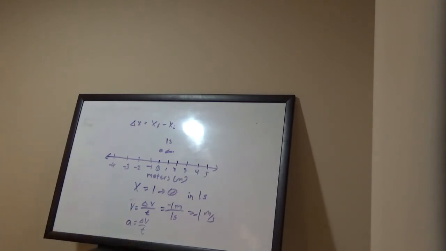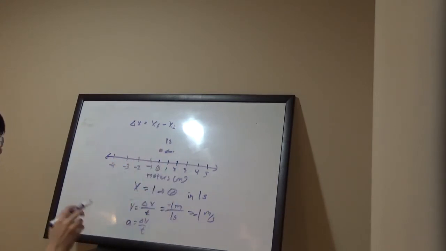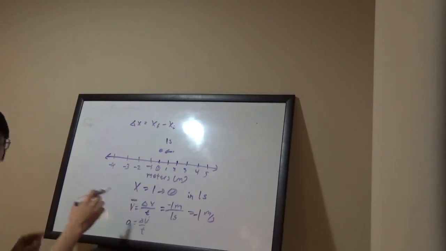Acceleration is defined as the change of velocity over time, and this acceleration can also be negative. One thing to keep in mind is that our average velocity is our total change in position over time.